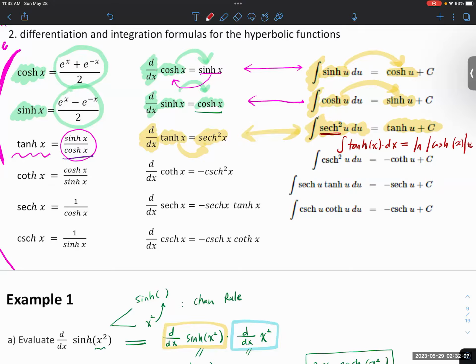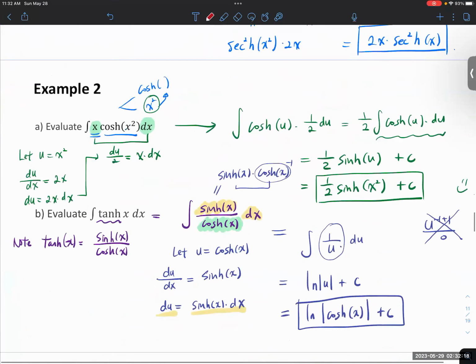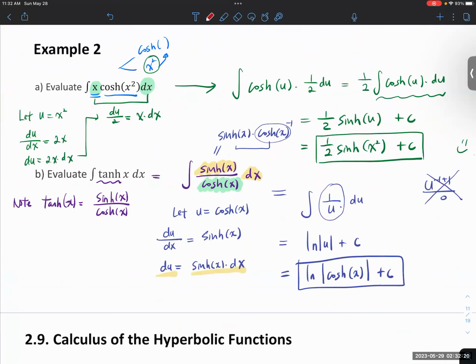That's the answer. So the derivative is what we did before, but if you take the integral of tanh, it's going to be ln(cosh x). So we proved that. I hope this is going better and better.